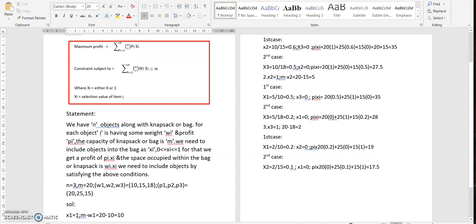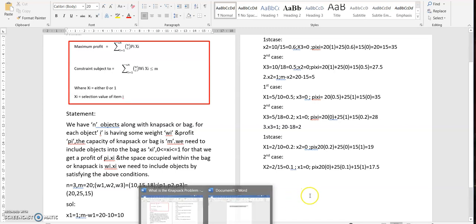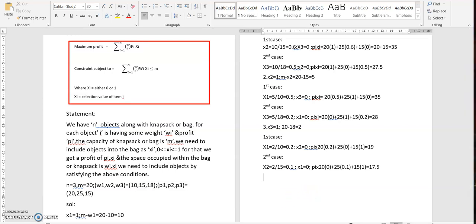So we include only some portions of those remaining objects to fill the capacity of the bag completely. Here the main motto is that we are going to fill the knapsack completely by making the portions into fractions. So this is the efficient way to fill the knapsack completely.